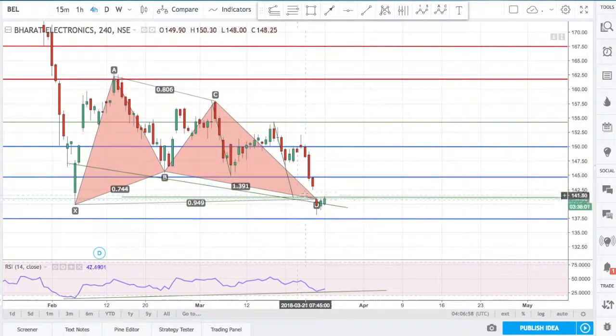These are the lower lows, and this is the divergence on the RSI, and a bounce from a support.